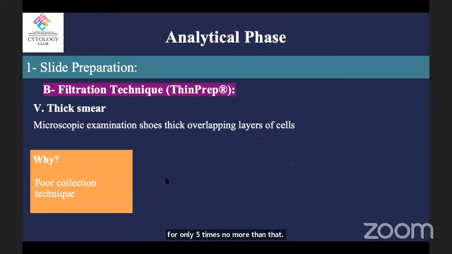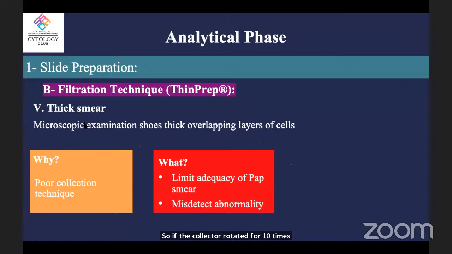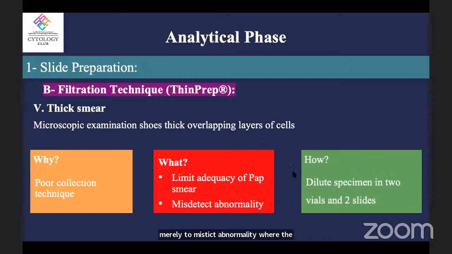So if the collector rotated it 10 times, 15 times, this will lead to a thick smear. Again, what will happen? It will limit the adequacy, and it may lead to missed abnormality, where the abnormal cells hide under the normal cells. How could we avoid it? Dilute the specimen into vials and 2 slides.